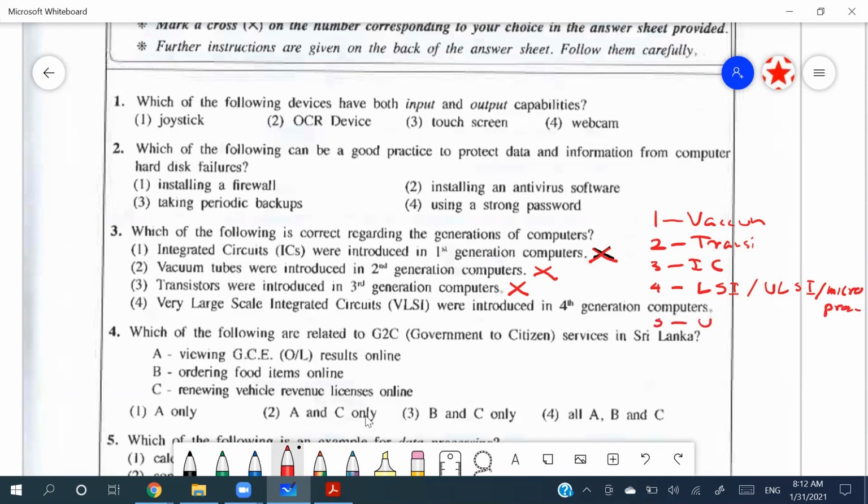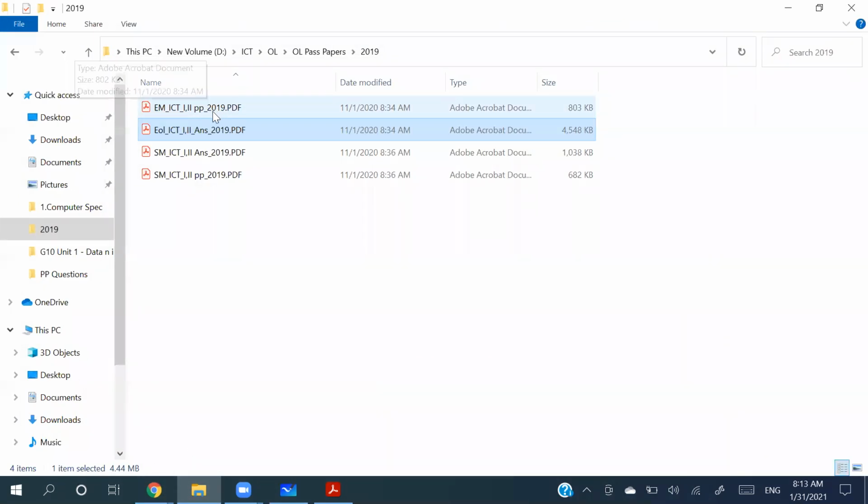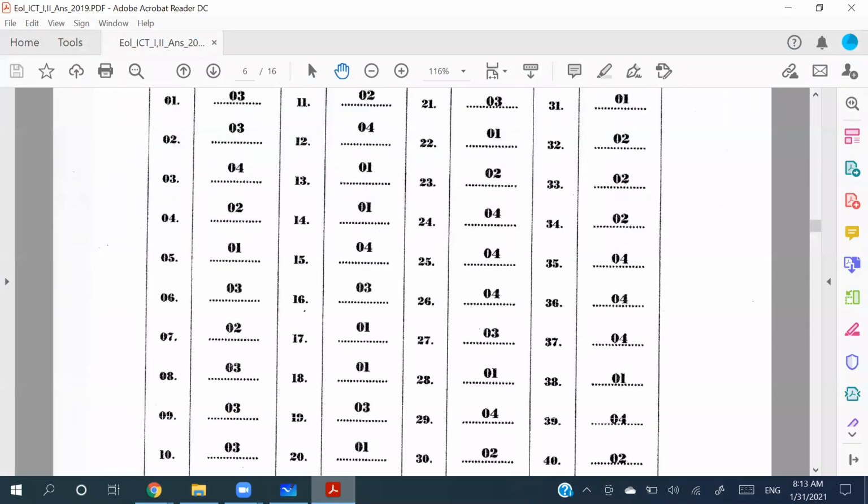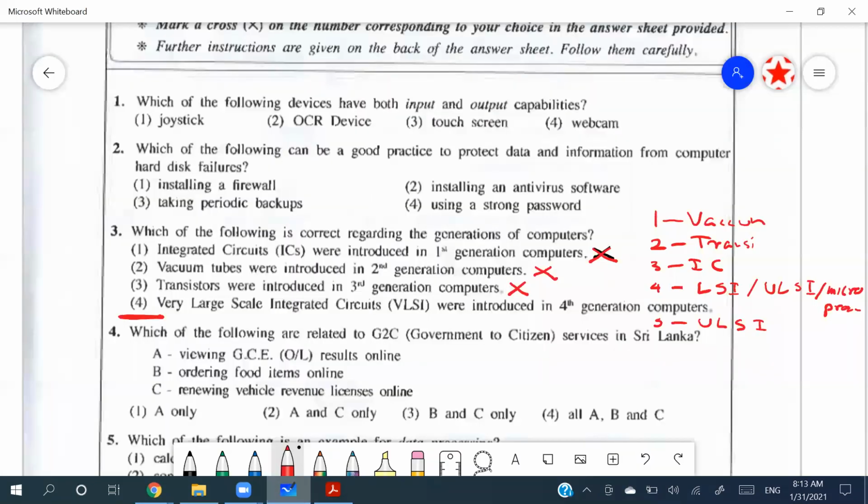Fifth generation ULSI. Right, so the correct answer is the fourth one. Let me refer to the marking scheme as well. So for the third one, yeah, the fourth is the answer.